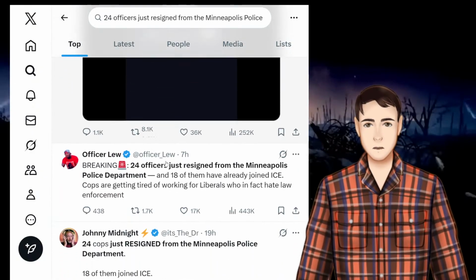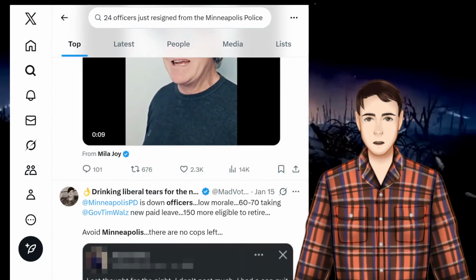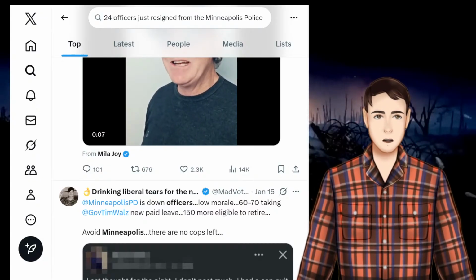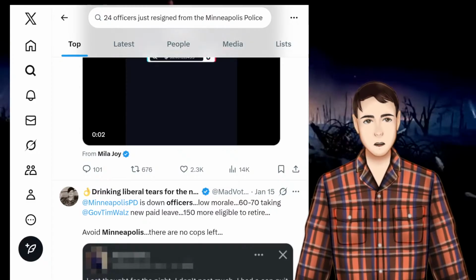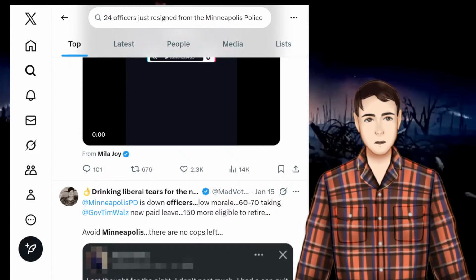All right, so I don't know where this initial story is coming from. Let me do a search somewhere. I'm doing this on DuckDuckGo. See if I can find a news article.